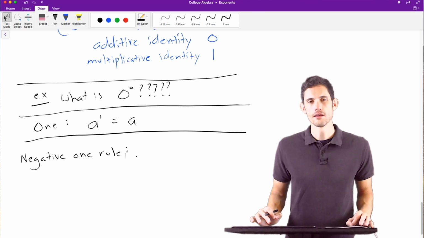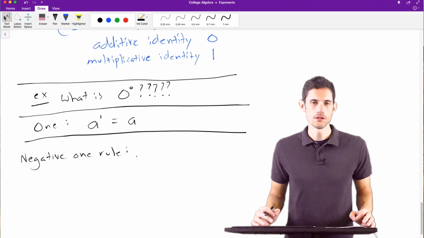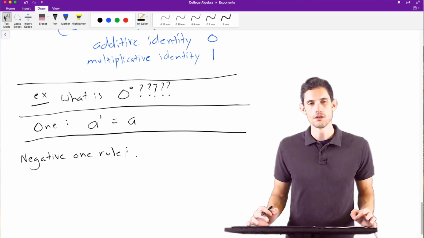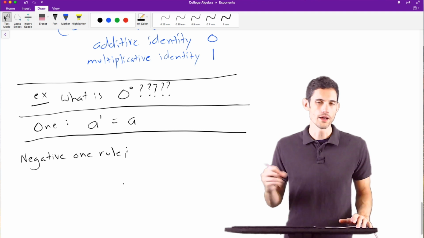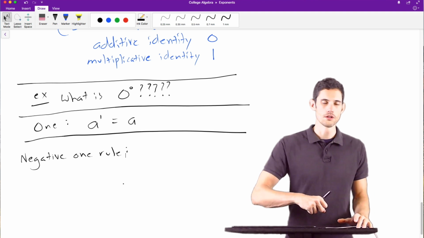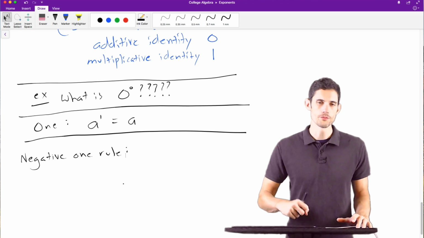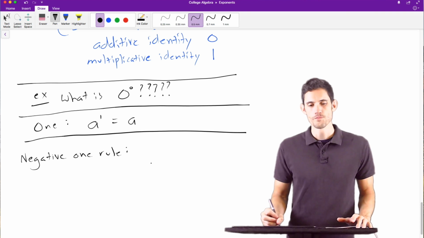And if you take that and multiply by -1 again, you'll get a -1. So now this is -1 to the power 3. And then if you multiply again by -1, you get a +1. So this keeps switching back and forth between -1 and +1.